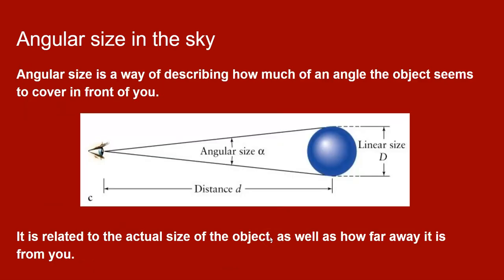What does that mean? Well, angular size is a way of describing just how much of an angle an object seems to cover in front of you. Sometimes we use the word subtend, how much of an angle subtends in the sky. And it is, of course, related to the actual size of the object, but also how far away it is. So I've used these numbers before, that the moon and the sun have about the same angular size.